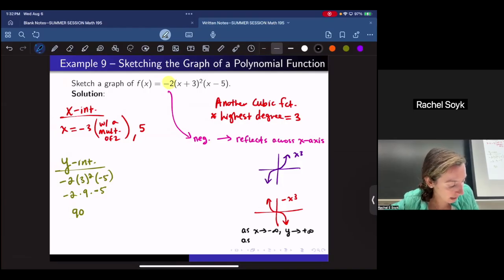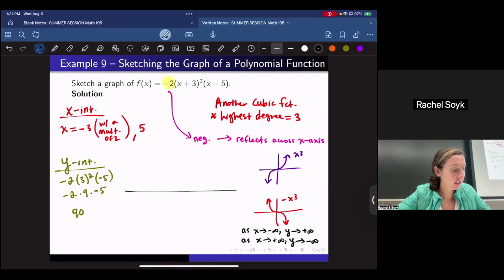And as x goes to positive infinity, y shoots down to -infinity. So now we have all that we need in order to sketch this out.